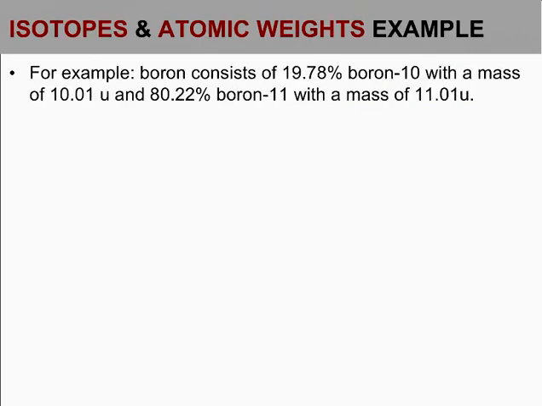So as an example, boron consists of 19.78% boron 10 with a mass of 10.01 U, so those are atomic mass units, and 80.22% boron 11 with a mass of 11.01 U. So let's start by making a little table.